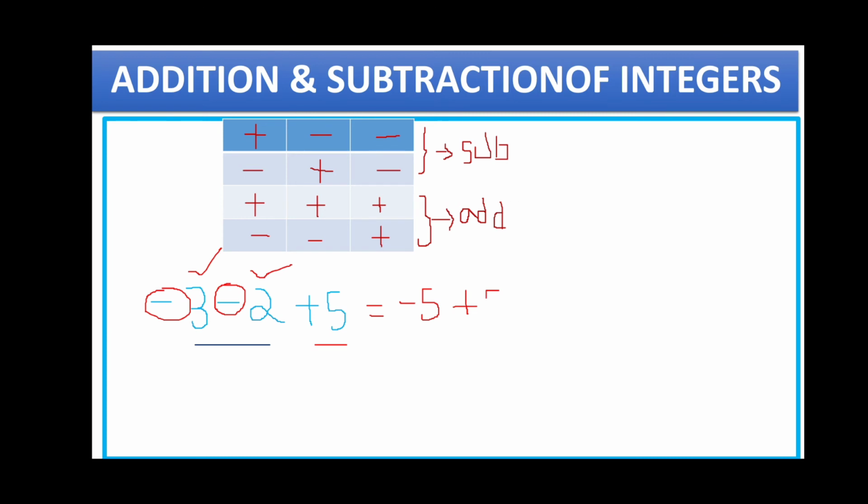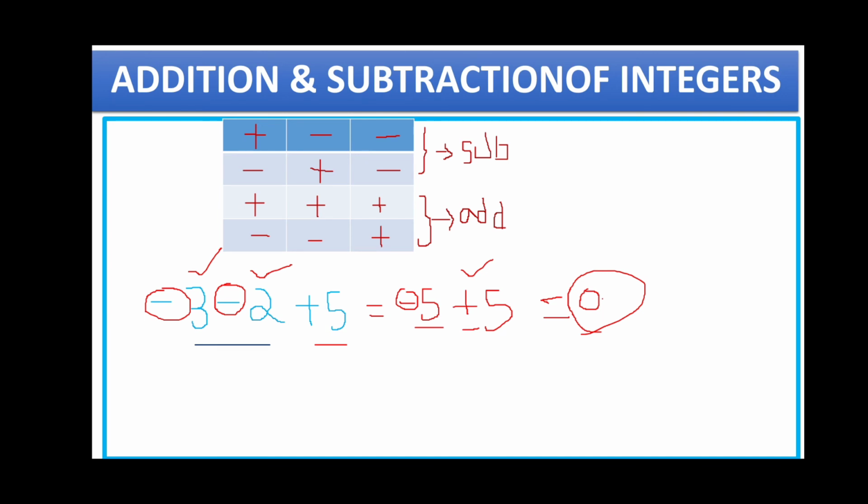Plus 5. Here one integer has a positive sign and one has a negative sign. Whenever you have different signs for the integers, we have to do subtraction. If you do subtraction, minus 5 plus 5 gives 0.